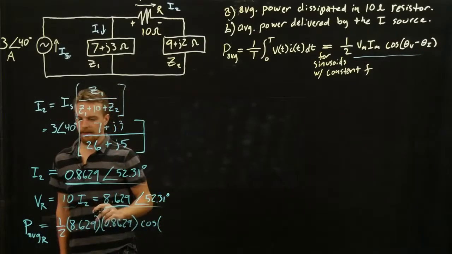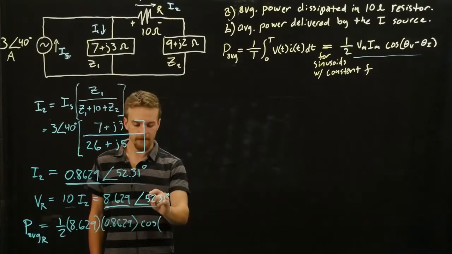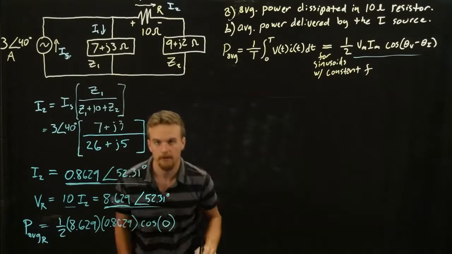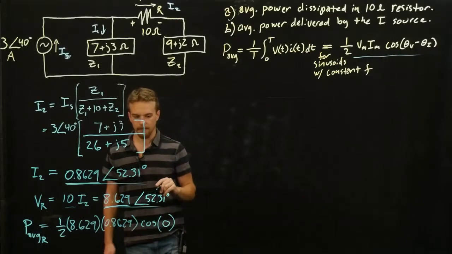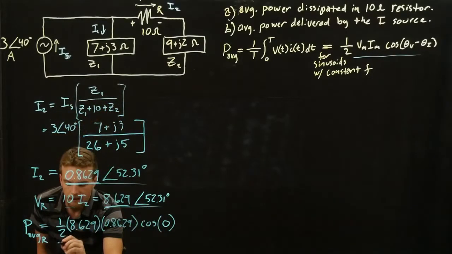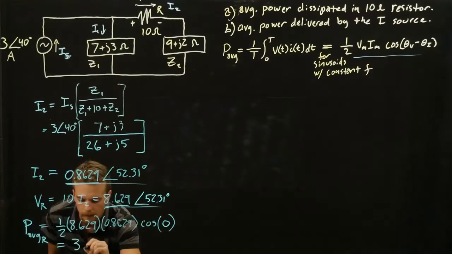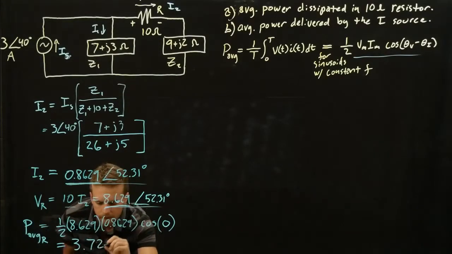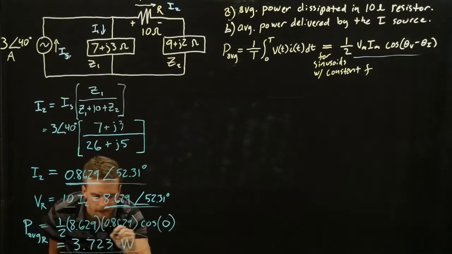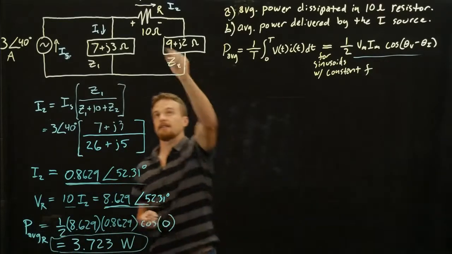And what do we have here? We have a scenario where they have the same angle, right? So this angle minus that angle would be 0. And what is cosine of 0? That's 1, right? So this term goes to 1. This all solves to 3.723 watts. So that is the average power dissipated in our resistor.